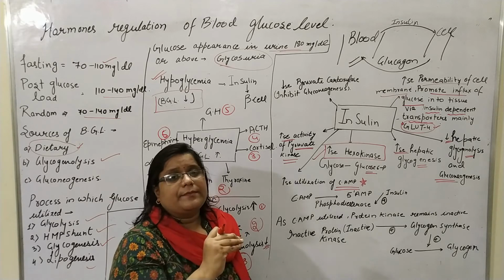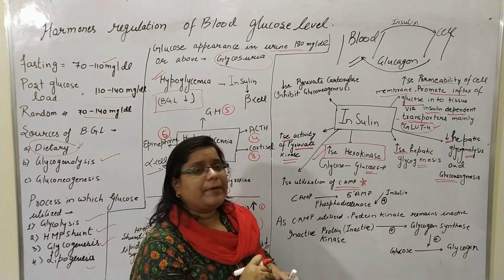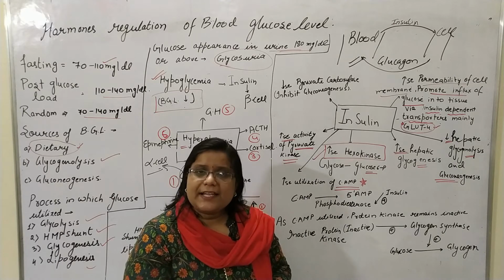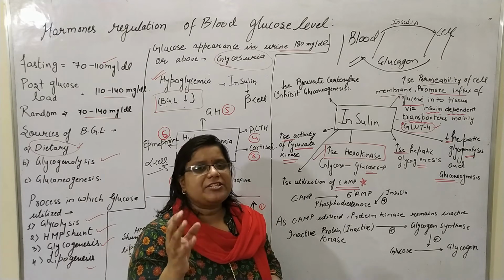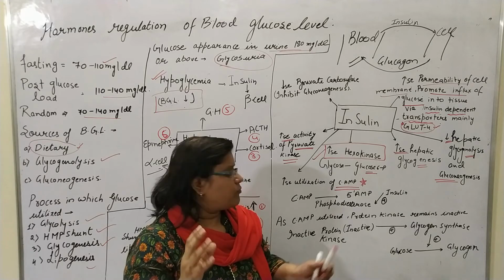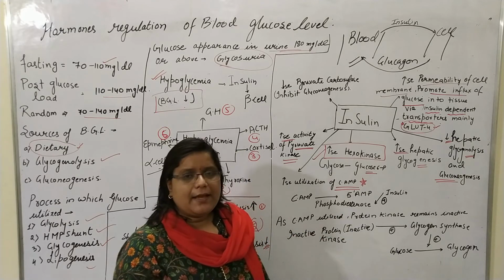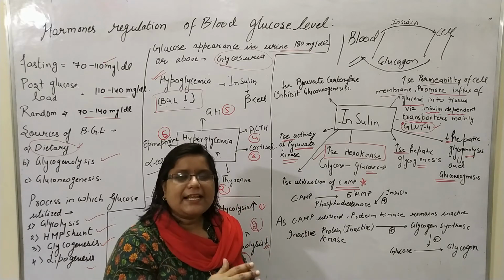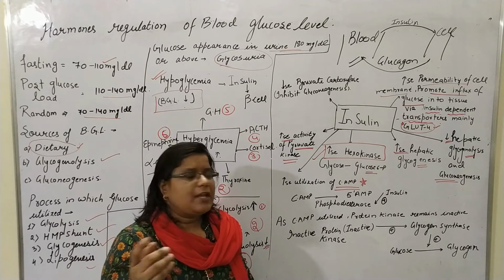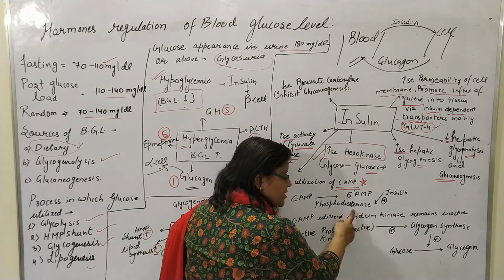That insulin acts on the cyclic AMP. The cyclic AMP will convert into the 5'-AMP, or adenosine monophosphate. That cyclic AMP is converted into the 5'-AMP with the help of phosphodiesterase.